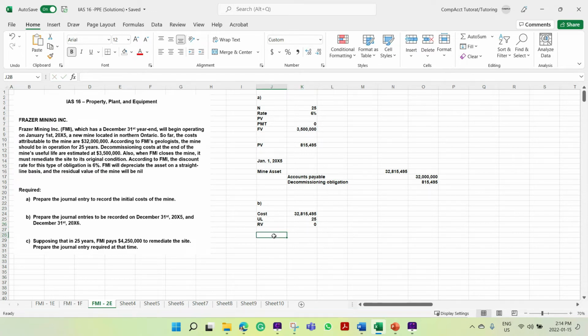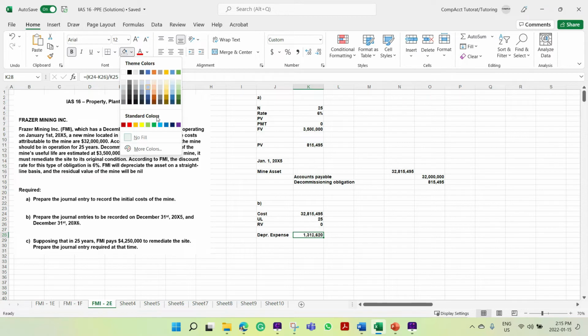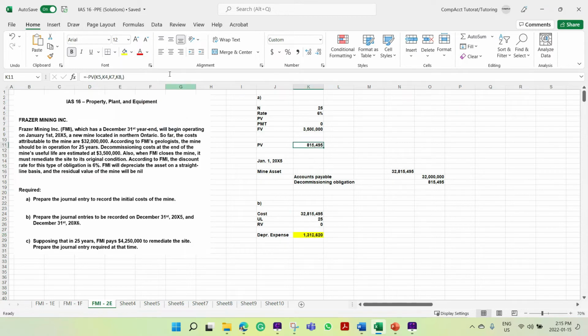So what I want to get to is my depreciation expense, and that depreciation expense, according to the formula here, equals the cost minus the residual value, and then divided by the useful life. Okay, so I gotta know that formula by heart. That's a key formula. Okay, so maybe here again I'm gonna make this obvious. Those are key numbers here.